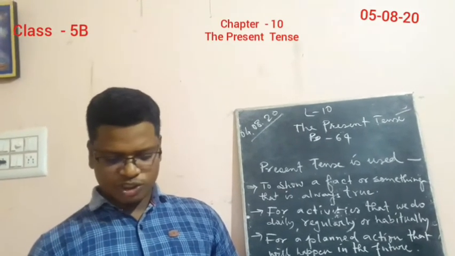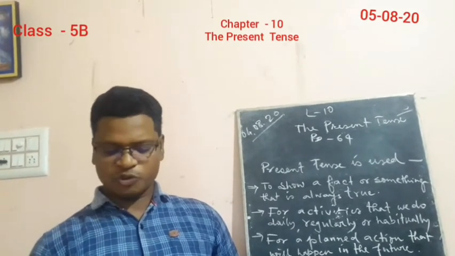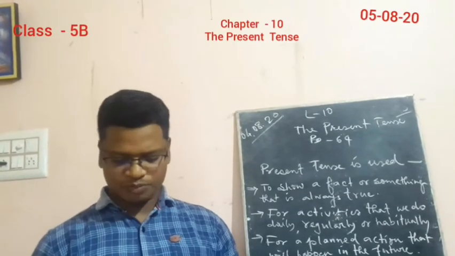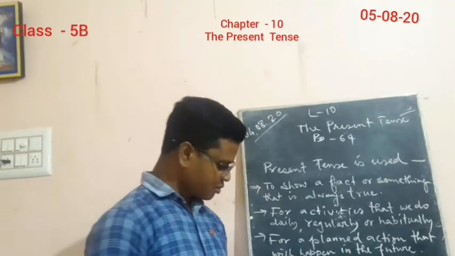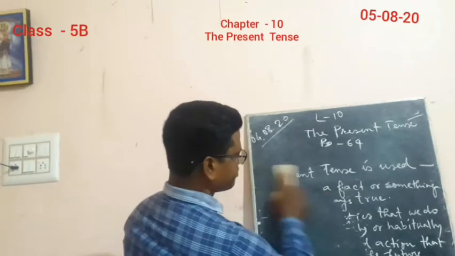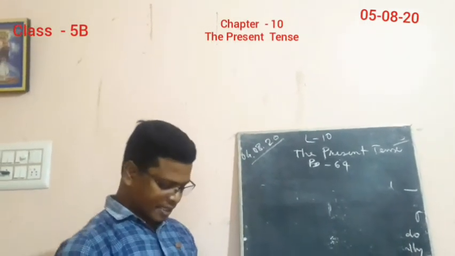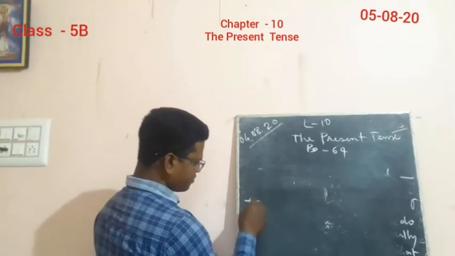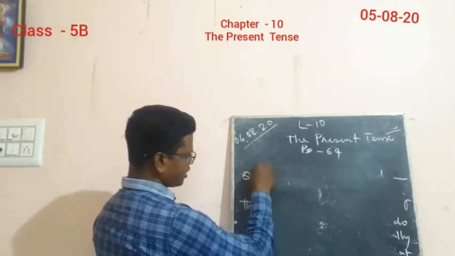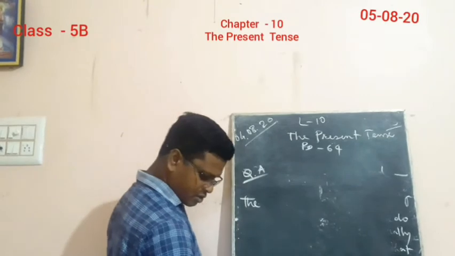Now let us do question number A. Complete the paragraph using the present continuous forms of the verb in the bracket. You're going to write the sentence as it is given there. The first one is question number A, first one.